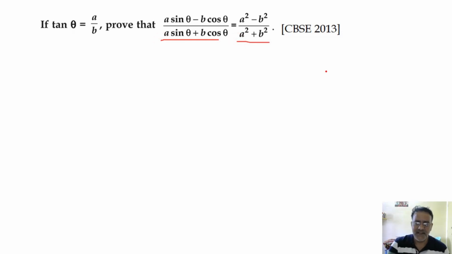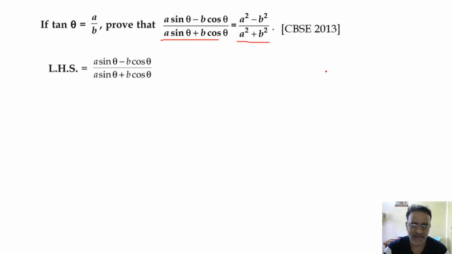Okay, so we'll take left hand side first. Now how will you get tan theta from here? How will you convert it into tan theta? What will we do? We will divide by cos theta.